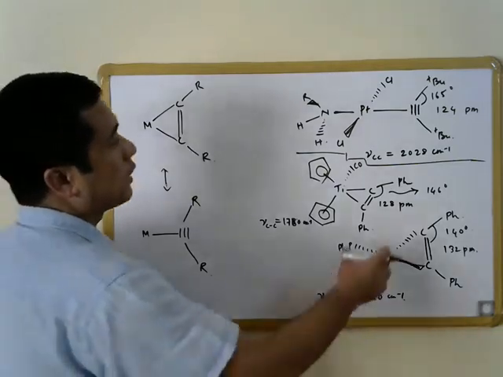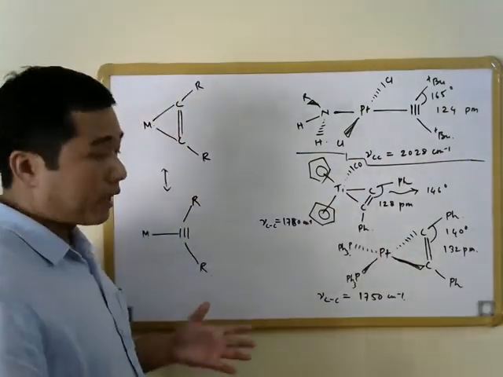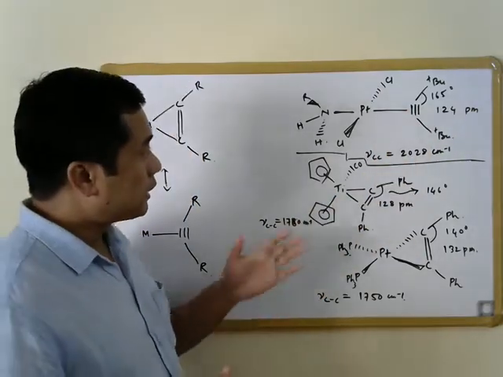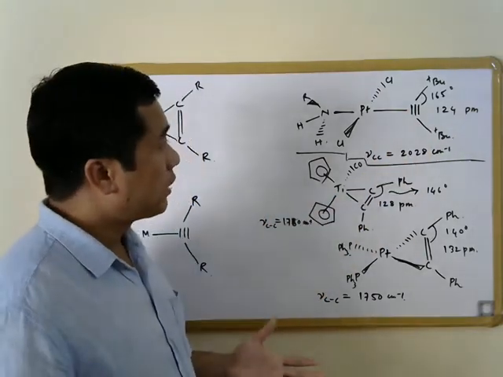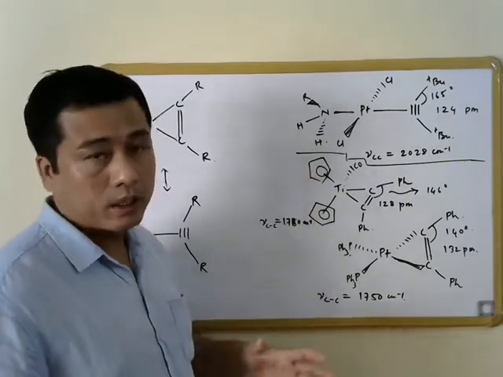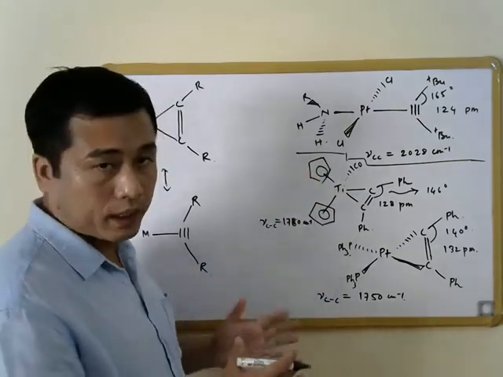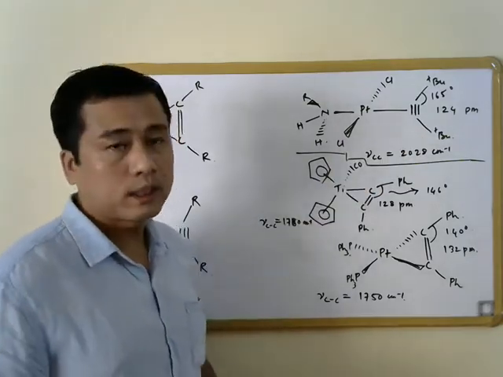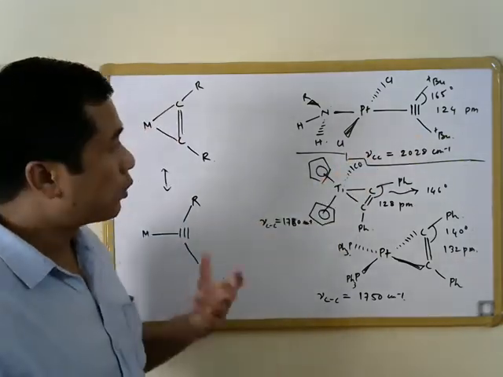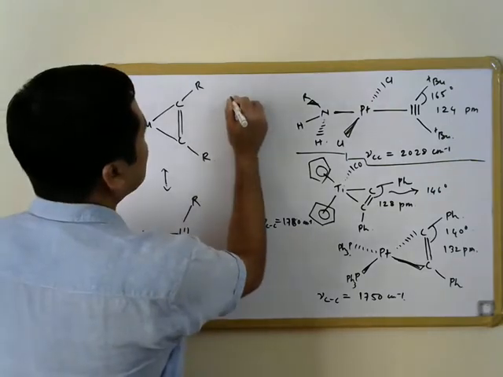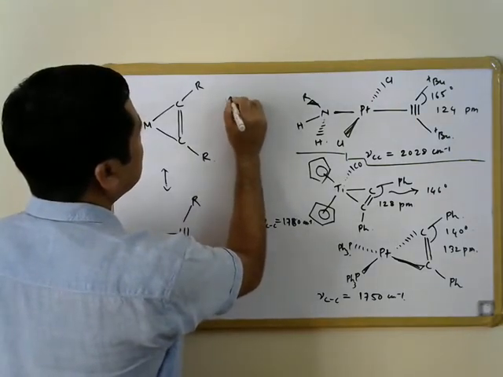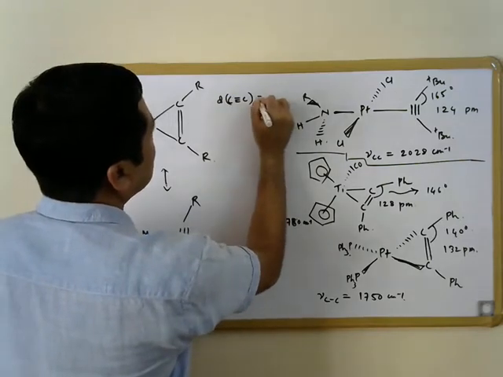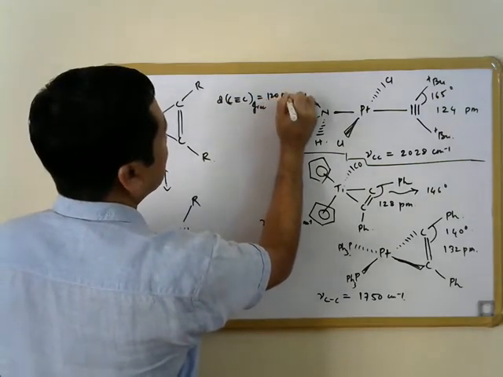As we see in the case of this metal alkyne complex, the deviation of the C-C-C angle is not very high from the linear case, from 180 degrees, and also the C≡C bond distance in this case is closer to the C≡C bond distance in free alkynes, which is equal to 120 picometer.